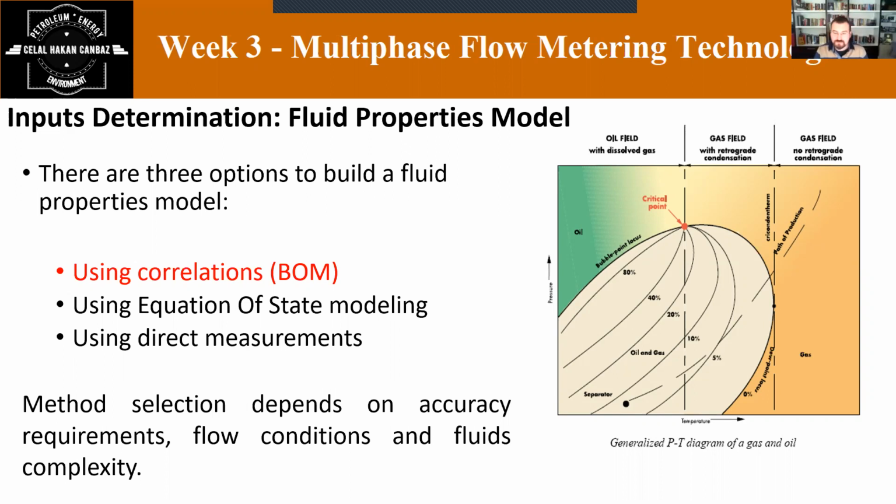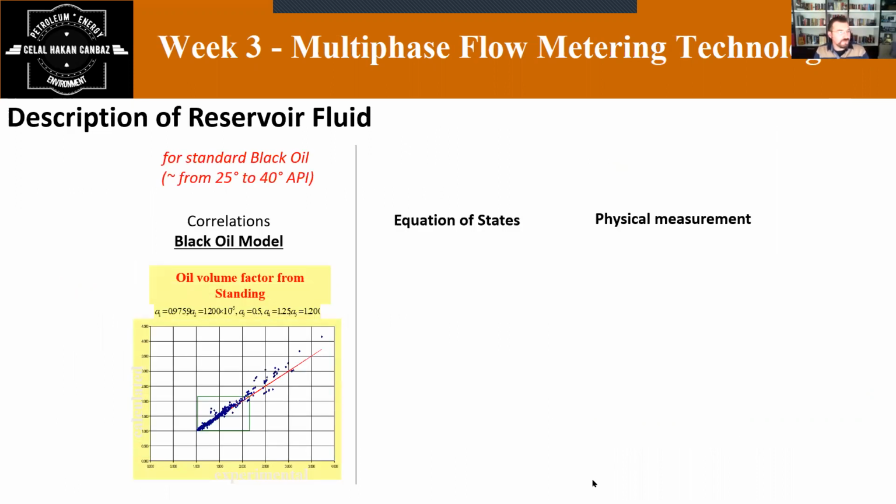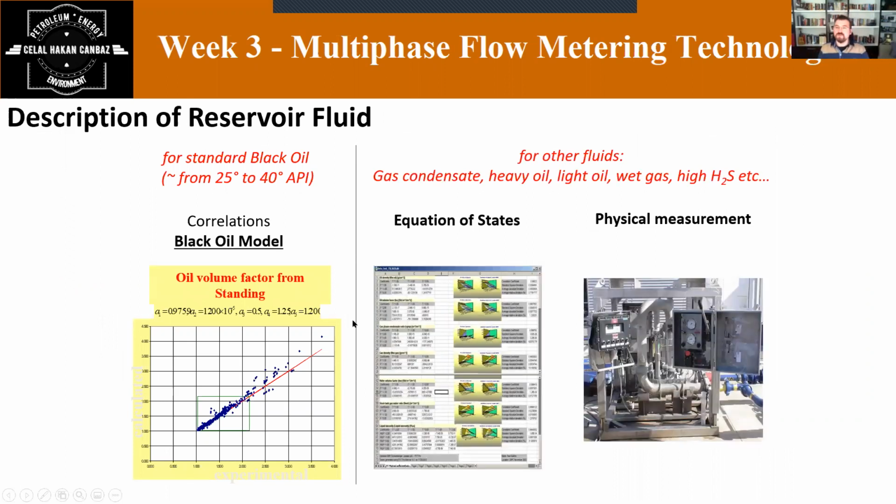All right. I mentioned it here already. For example, for the black oil model, you are using the Standing method for oil volume calculation, and it's valid between 25 to 40 API. And for equation of state, it's for example Schlumberger's VX. The VX fluid IDs are 13 different parameters that describe the PVT of the fluid, and physical measurements.